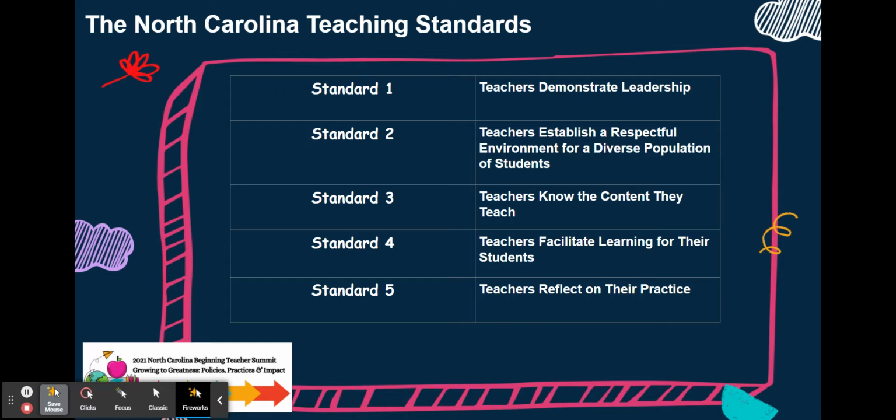Standard number 2, I call the relationship standard. Standard 2 is teachers establish a respectful environment for a diverse population of students. It challenges you to think about how you engage with your students, creating an environment that fosters them to engage and build a relationship with you, treating students as individuals, and embracing diversity.